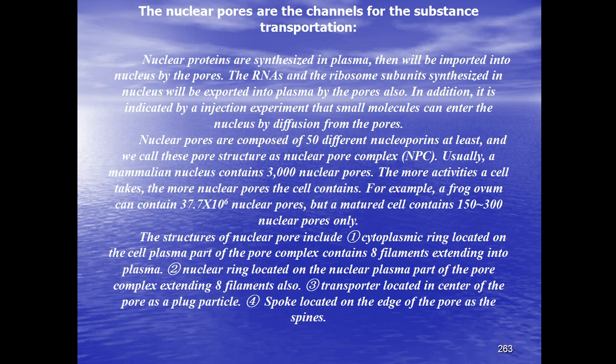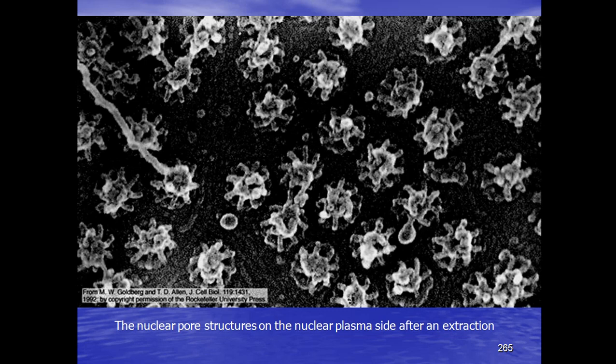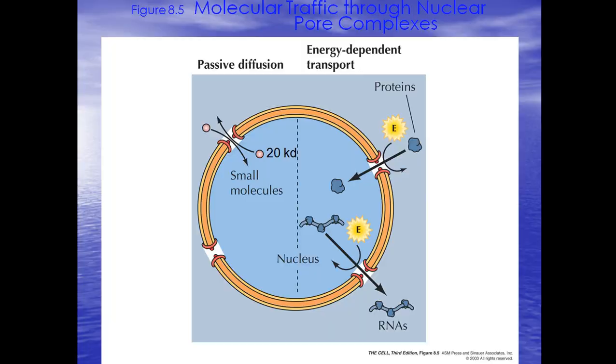Then there are transporters and the spokes. Probably it will be clear. See, the nuclear pores are almost octagonal in shape. This is the electron microscope photograph. See, they are showing octagonal shape.